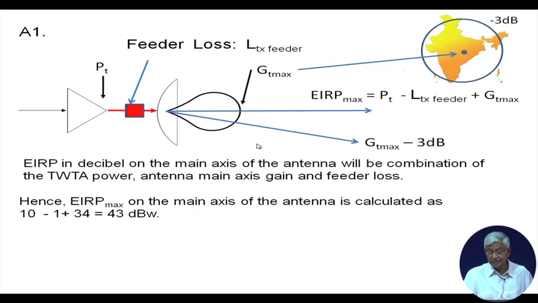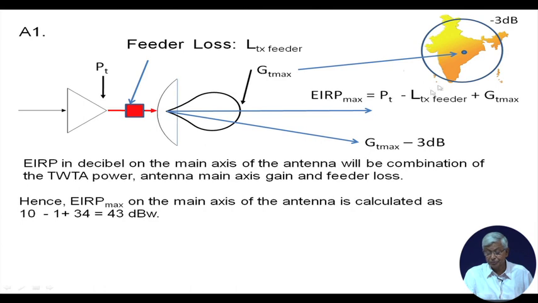How does it look? Let us have a picture. Let us say this is India, and this is the center point of India, where the satellite antenna beam is pointing. This GT max value will be available here. Let us assume, this is just an assumption, that from here the gain will be reducing, and this is the 3 dB contour.